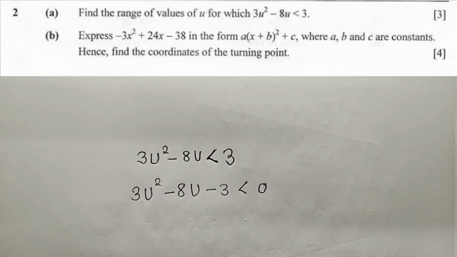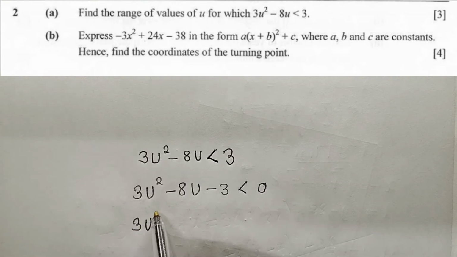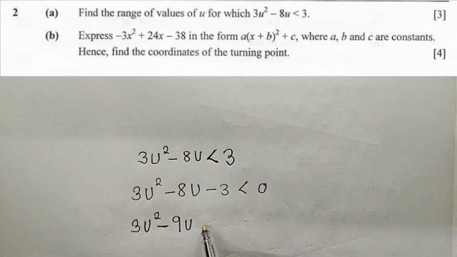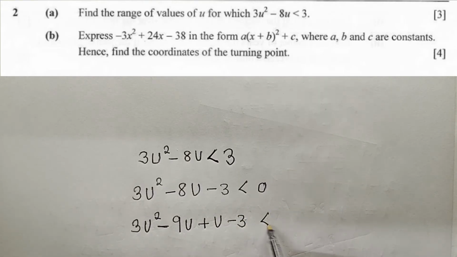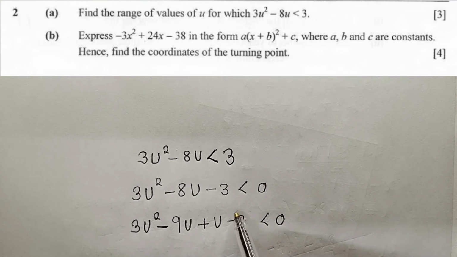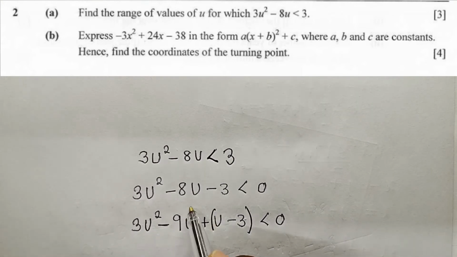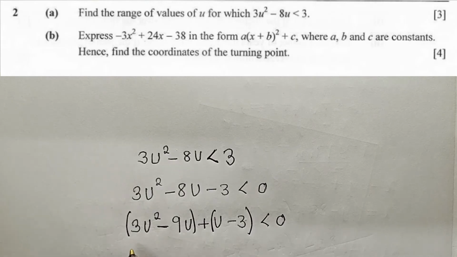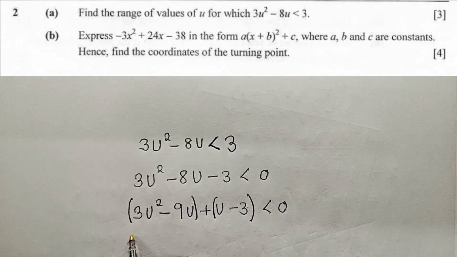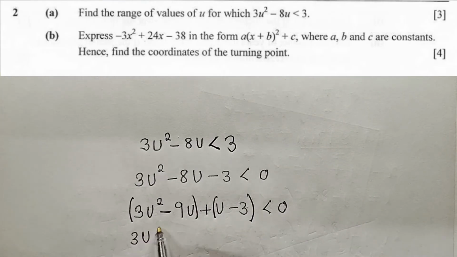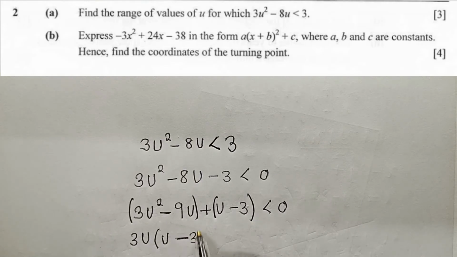So we are going to solve this by factorization method. So we shall have a 3 here, u power 2 minus 9u plus u minus 3 less than 0. So we shall factor out what is common here. 3u shall remain with a u minus a 3 here.